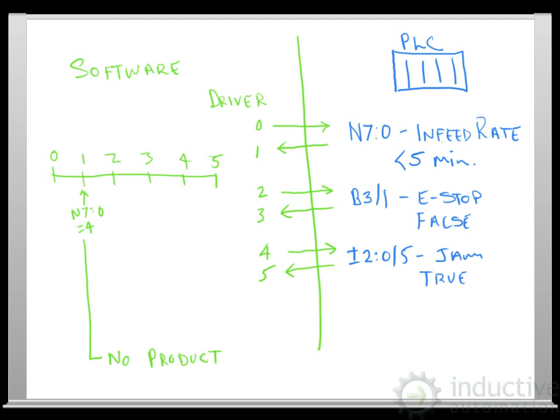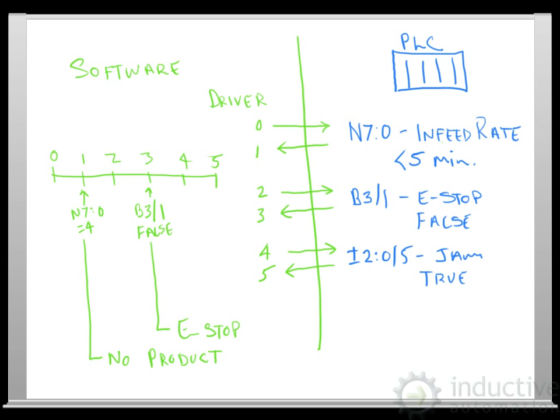We're waiting for product. Okay, then at 3, we get an e-stop signal. So B31 at this point is false. So then we say, oh, we have an e-stop condition.